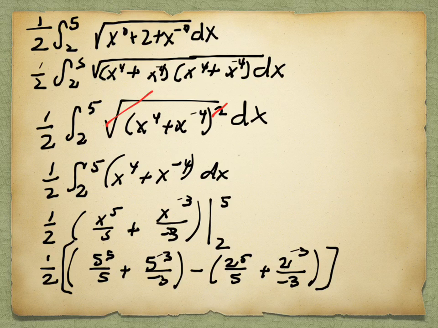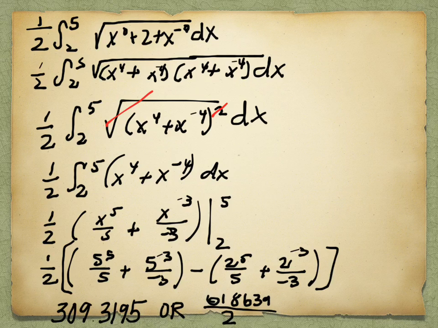If you plug that in your calculator and simplify, you'll either get the exact decimal, 309.3195, or if you really want to write it as a fraction, you can write it as 618,639 over 2,000.